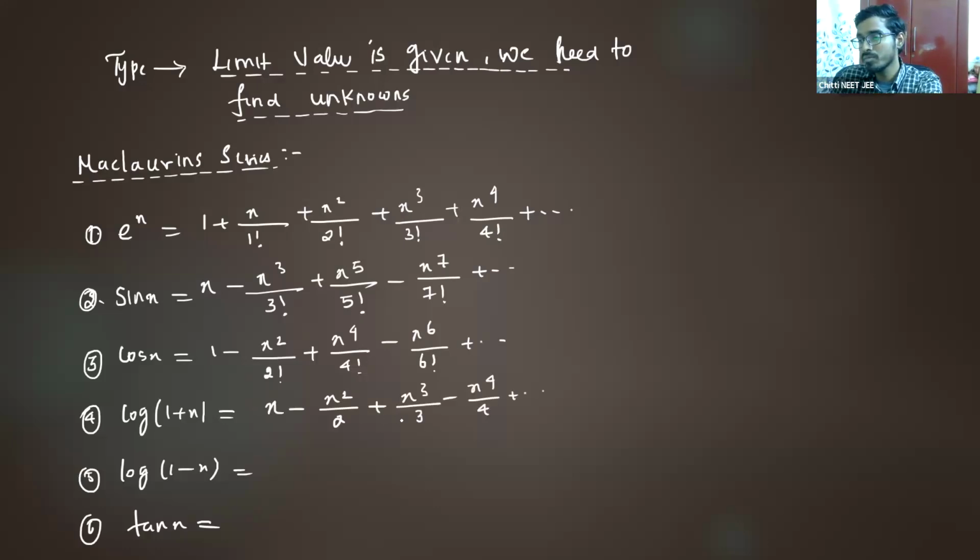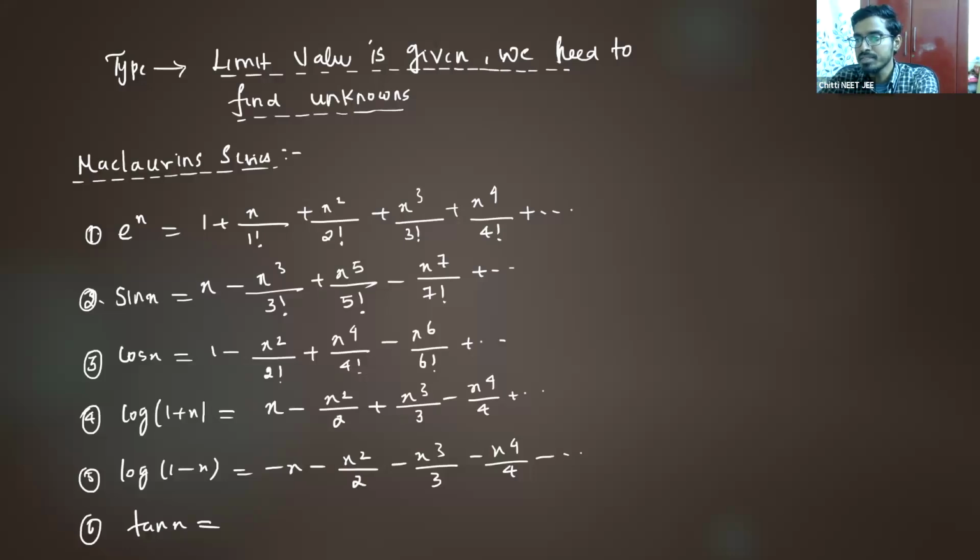Remember, factorial will not come here, right? Okay. And then log 1 minus x is minus x minus x square by 2 minus x cube by 3. See, these are the formulas. How it comes, I will explain in upcoming classes. As of now, you just remember the formulas, right?